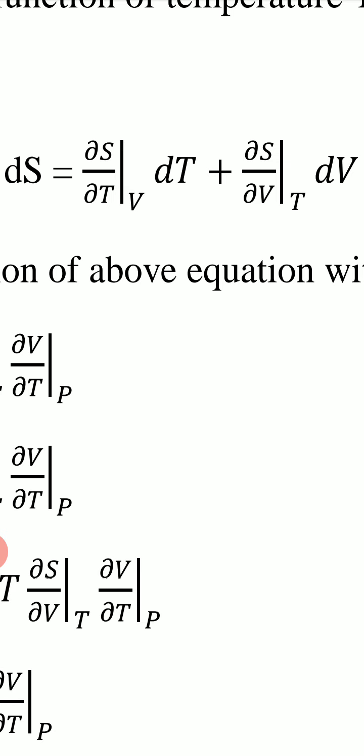In the first term, where partial differentiation is with respect to T, we keep V constant, and in the second term, where partial differentiation is with respect to V, we keep T constant.